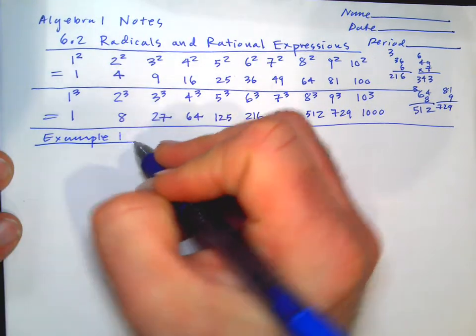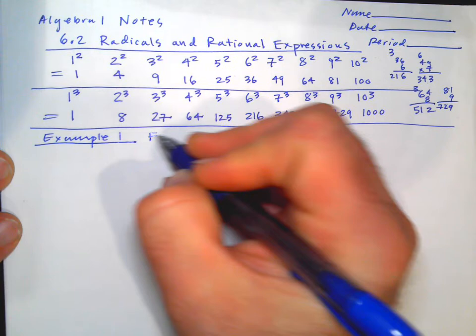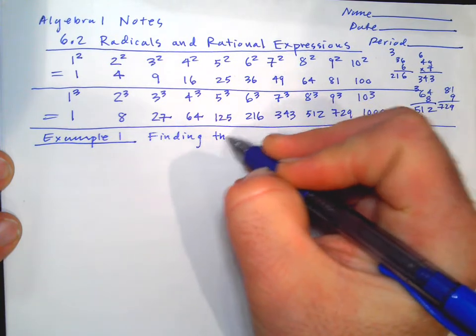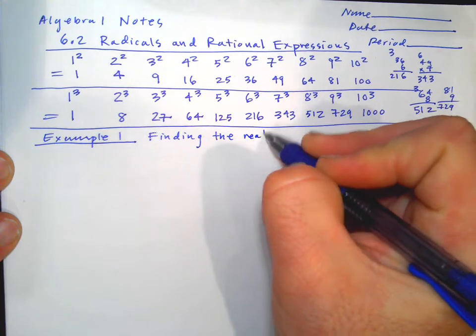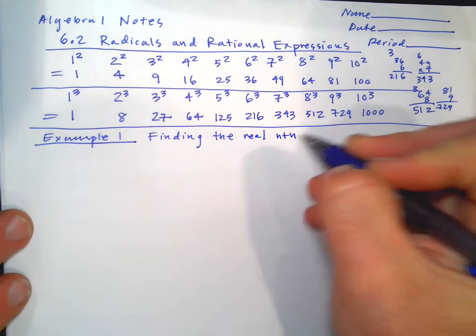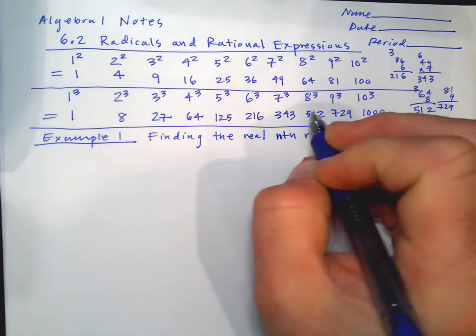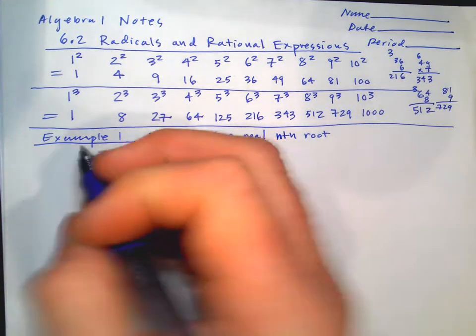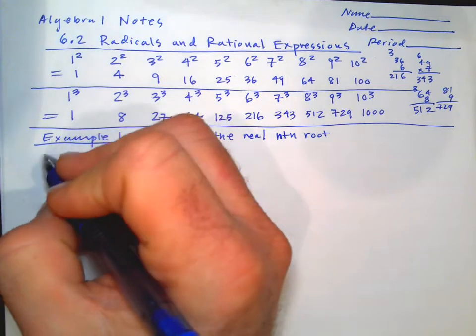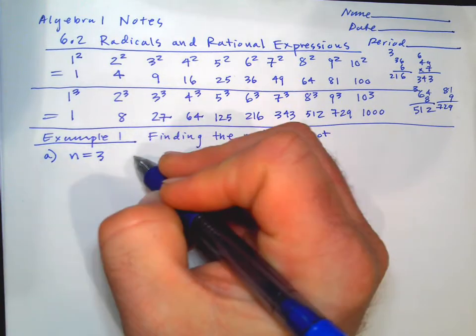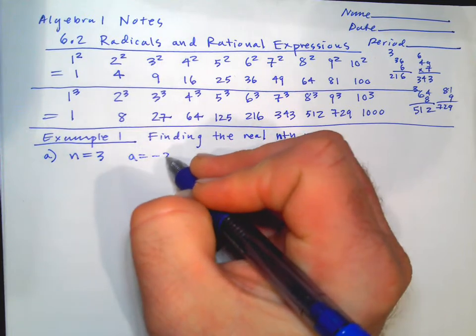So example 1, finding the real nth root. Nth root. So n meaning just generically, we'll put a number there. So problem A is going to be n equals 3, a equals negative 27.